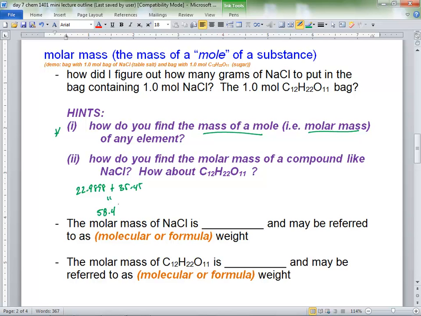And do all that without writing anything down. Your life is going to be so much less frustrating in this class. So do it on your calculator. See what you get. 12 times carbon plus 22 times hydrogen plus 11 times oxygen. Hit equals. See what you get.